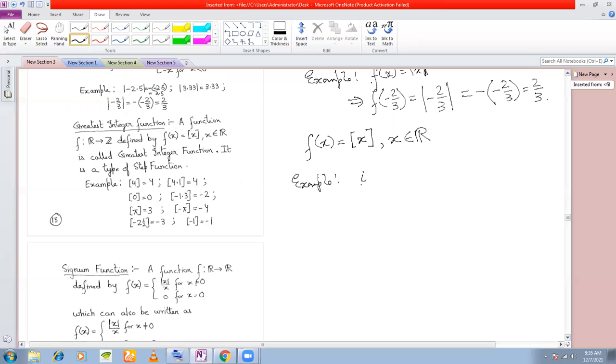Suppose I want to find out f(4.1). Then I write 4.1 within these box brackets. And because it is called the greatest integer function, the greatest integer not exceeding positive 4.1 is 4, right? Because 5 is the integer that is greater than 4.1.